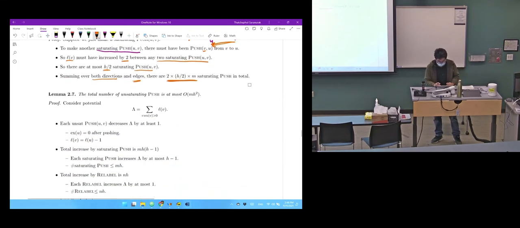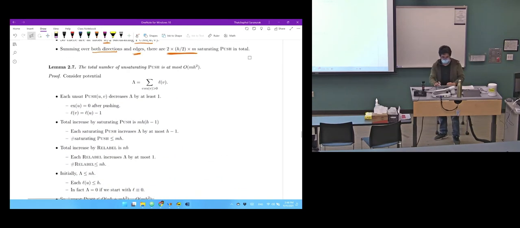Next is the unsaturating push. It's going to be a bit harder to bound. Here we will need a potential function.